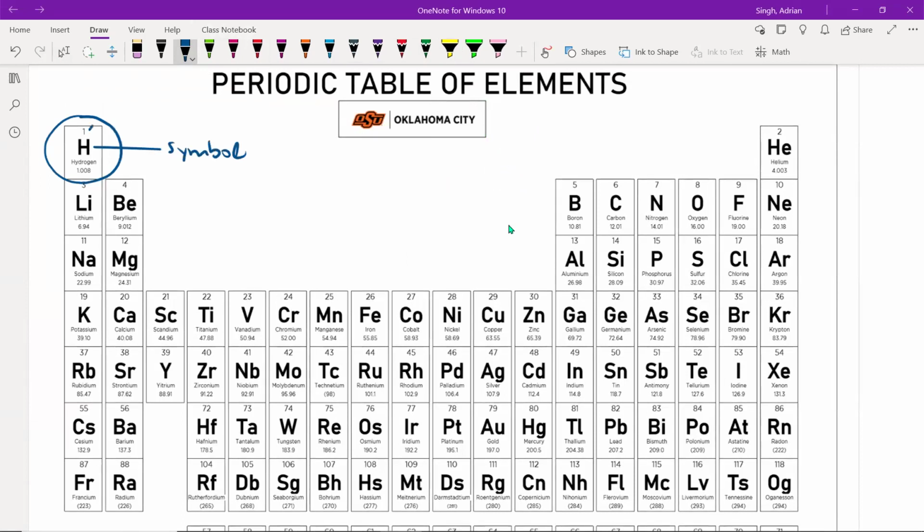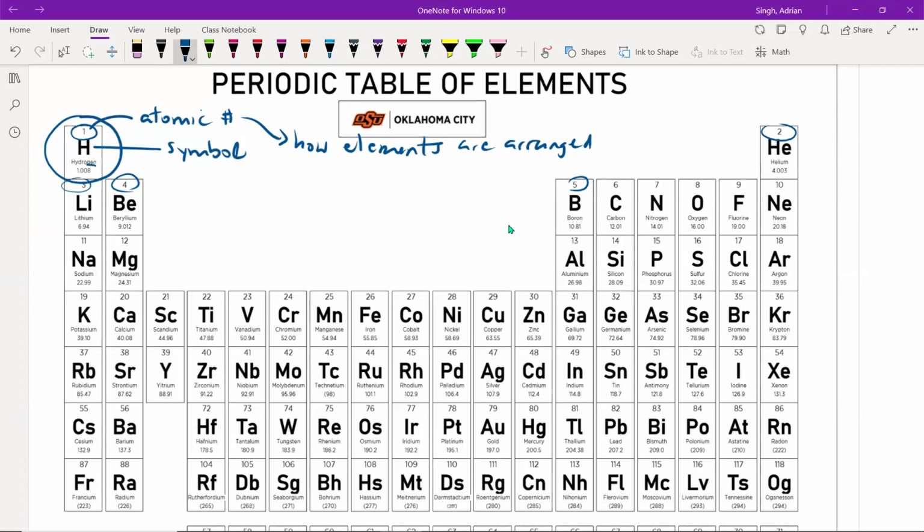We also have the number on top, which is the atomic number, and that is how the elements are arranged, by increasing atomic number. So we have atomic number 1, and we go from left to right: helium, atomic number 2, and then again, starting on the left side, lithium 3, beryllium 4, boron 5, 6, all the way over to 10, and so on and so forth.